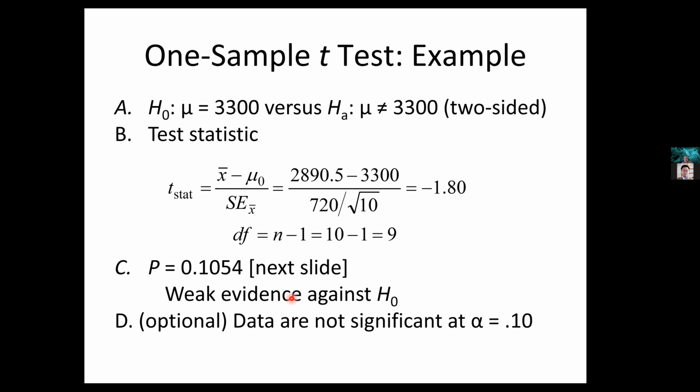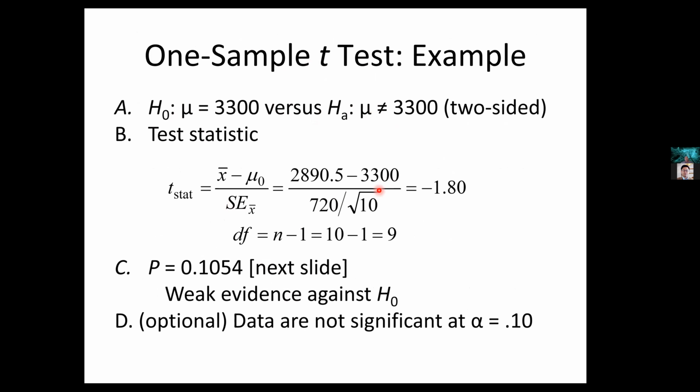So, good time to perform a one sample t-test. Your original hypothesis: the mean is 3,300. The null hypothesis is that the mean is 3,300 versus the alternate hypothesis, where the mean does not equal 3,300. This is measured in grams, by the way. Forgot to tell you that.